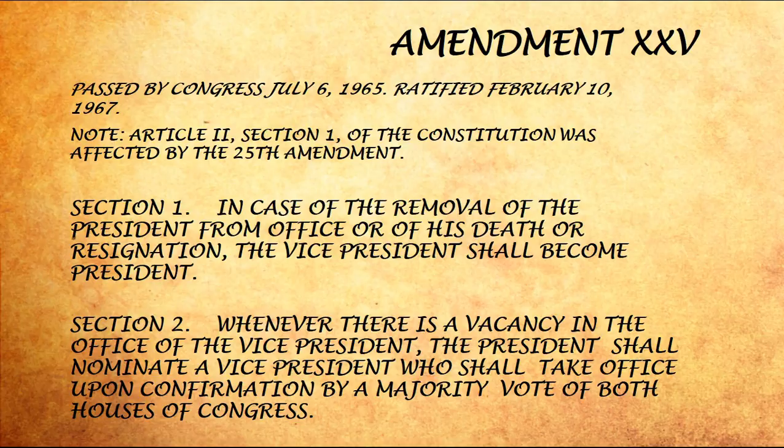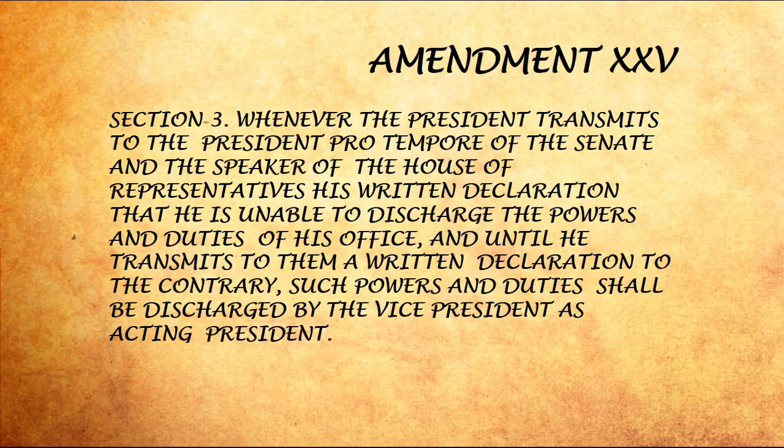Whenever there is a vacancy in the office of Vice President, the President shall nominate a Vice President who shall take office upon confirmation by a majority vote of both houses of Congress. Section 3. Whenever the President transmits to the President pro tempore of the Senate and the Speaker of the House of Representatives his written declaration that he is unable to discharge the powers and duties of his office, and until he transmits to them a written declaration to the contrary, such powers and duties shall be discharged by the Vice President as Acting President.